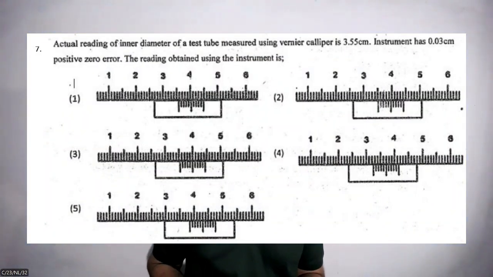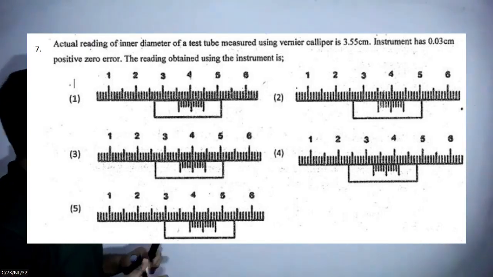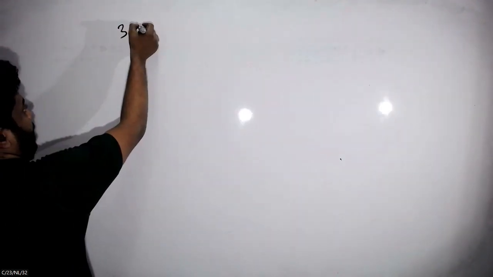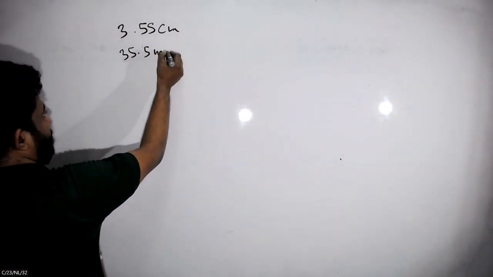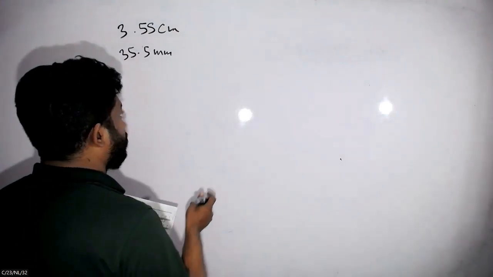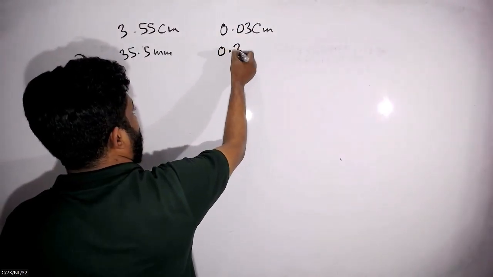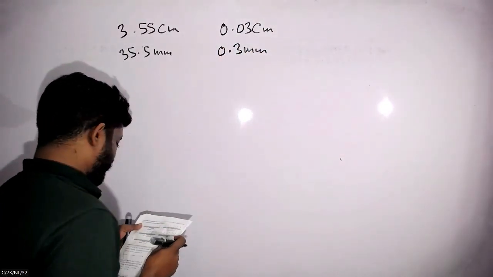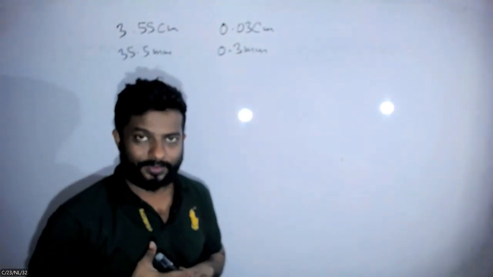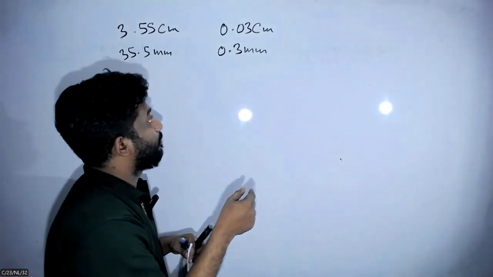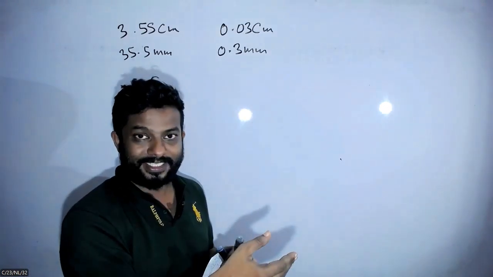Read the question. The actual reading of the inner diameter of a test tube measured using a vernier caliper is 3.55 centimeter, that is 35.5 millimeter. The instrument has 0.03 centimeter positive zero error, that is 0.3 millimeter. In the instrument there is a positive zero error, so you will obtain a reading 0.3 millimeter greater than the real length.